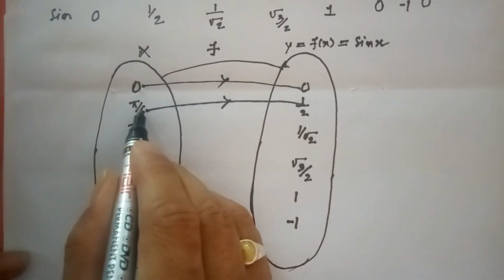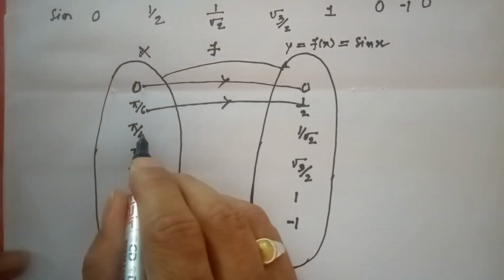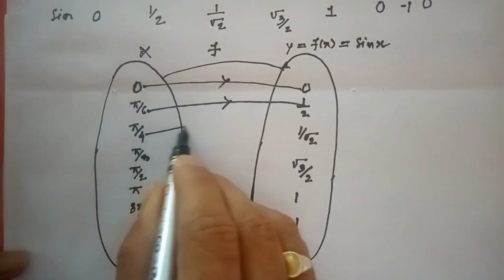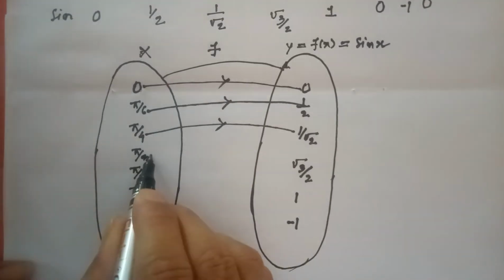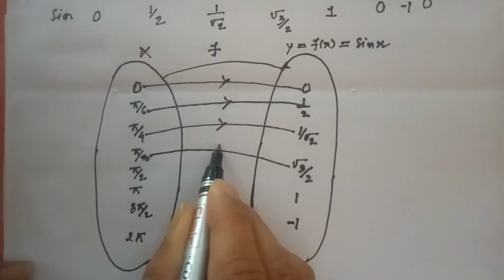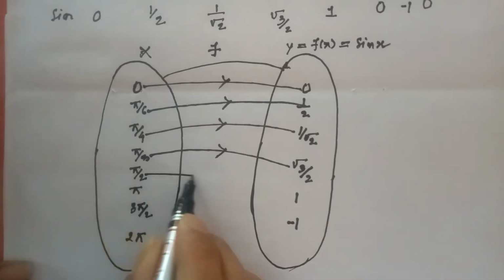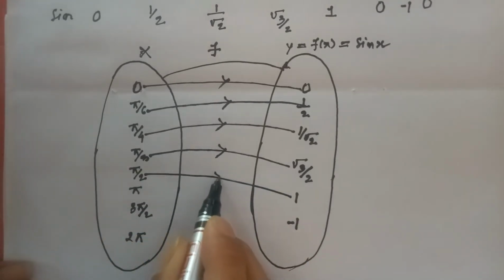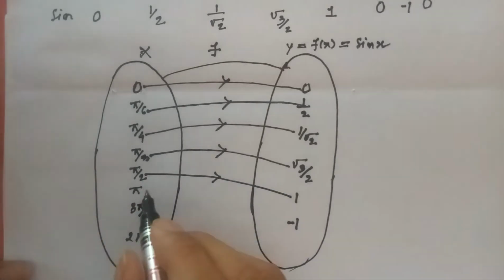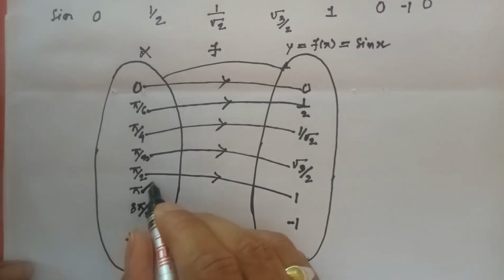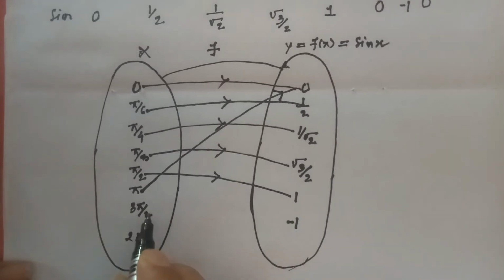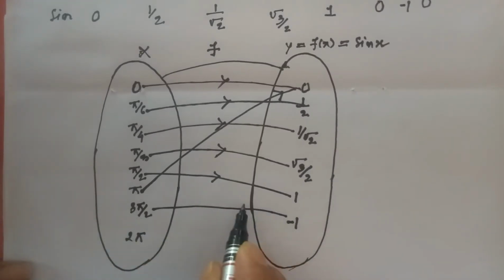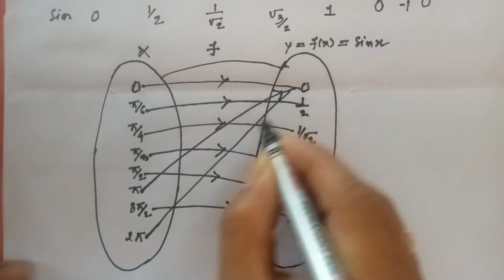Pi by 6 means 30 degree. Pi by 4 means 45 degree, which goes with 1 by root 2. Pi by 3 means 60 degree, which goes with root 3 by 2. Pi by 2 is 90, which goes to 1, and pi goes to 0. 3 pi by 2 goes to minus 1. Now 2 pi again goes to 0.